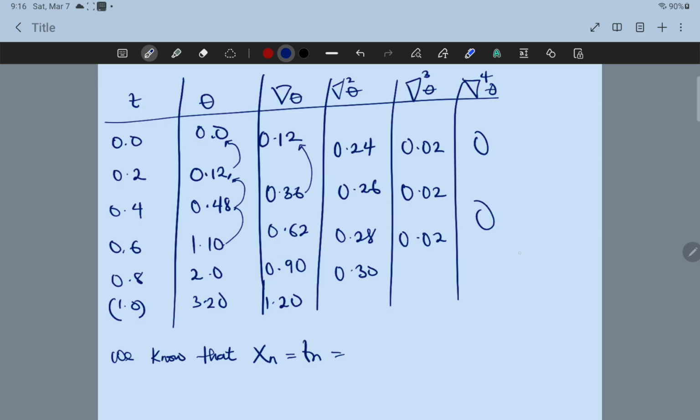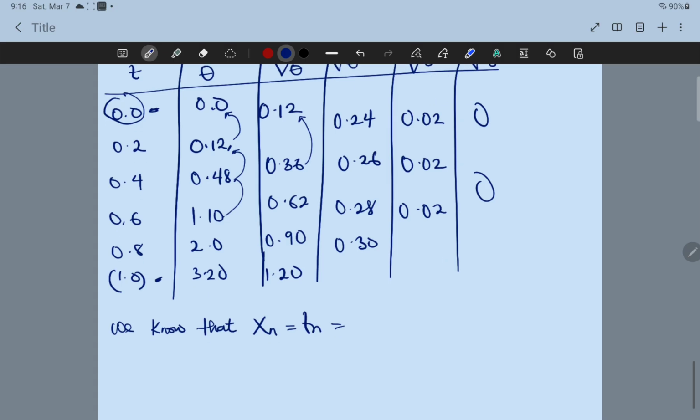In the backward difference table, unlike Newton forward where we always say x naught, the beginning of the table, which is 0.0, now we are doing Newton backward, so we're not going to be targeting the first value. We'll be targeting the last value on that table, which is 1.0. So t of n, that n means ending. So 1.0.